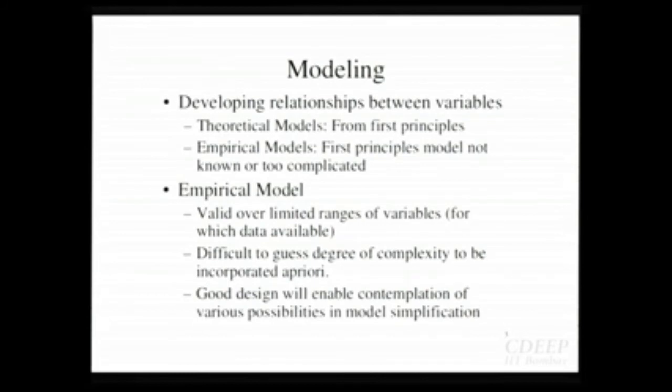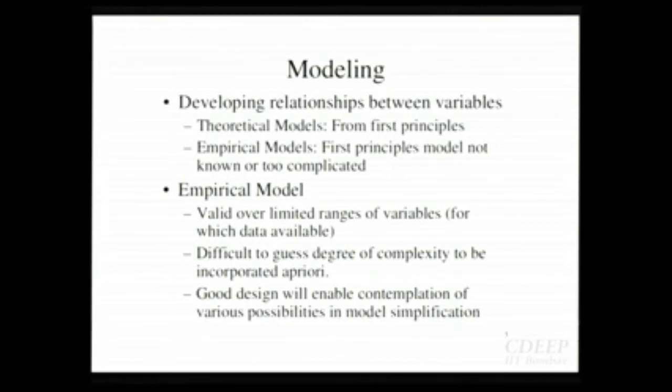Modeling I will go over very quickly. Modeling is the problem of developing a relationship between variables. You could have theoretical or empirical models. What we are right now working with is empirical models. Because these are empirical, they are valid only over limited ranges of variables, which we also saw in that straight line regression.